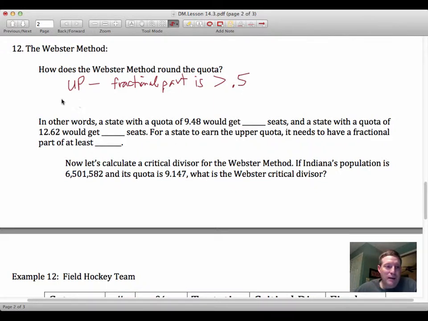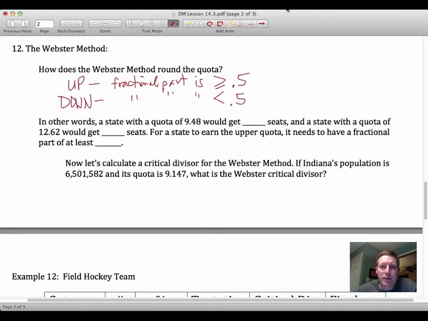And you round down if the fractional part is less than 0.5. And actually, I believe that's greater than or equal to, now that I think about it. So the Webster method says you earn another seat as long as you're halfway there already. If you're halfway to the next seat, you automatically get rounded up.